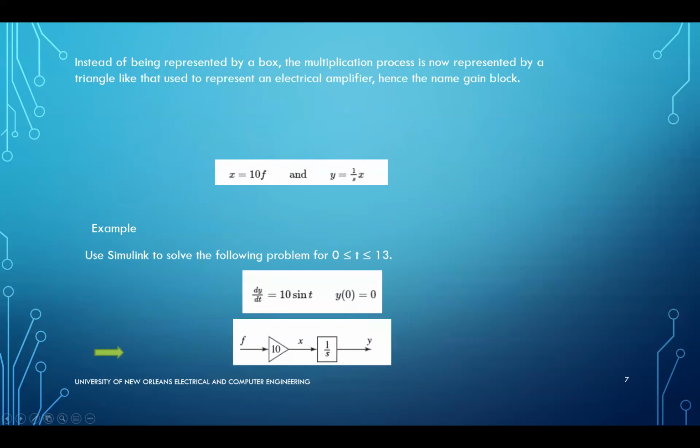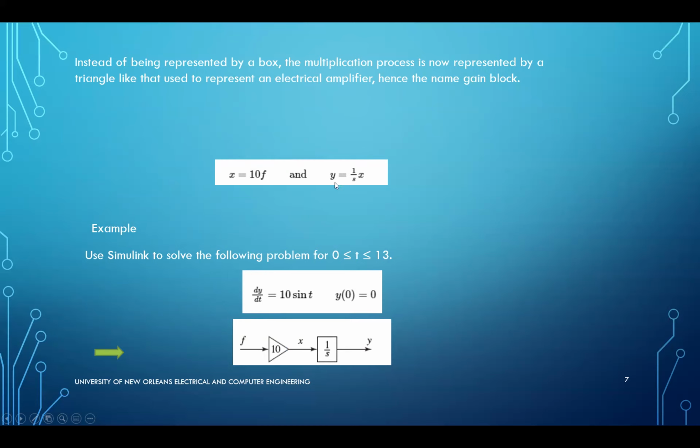Now, instead of being represented by a box, the multiplication process is represented by a triangle, which we'll see here at the bottom of the screen. That is similar to what we use to represent an amplifier, and that's why it's called a gain block.